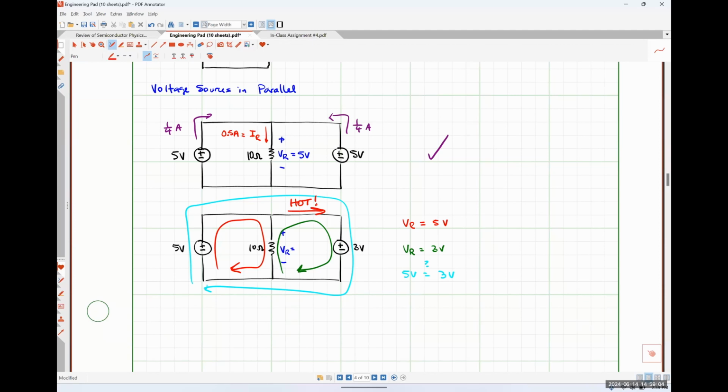We are not going to see voltage sources in parallel a lot in this class, but I did want to bring them up because it is something that you see practically, and it reminds us that the circuit analysis that we're doing in this class is on ideal systems where wires have no resistance, this, that, and the other. In a real case, those wires actually do things. All right, any questions about combining voltage sources before we move on to current sources?